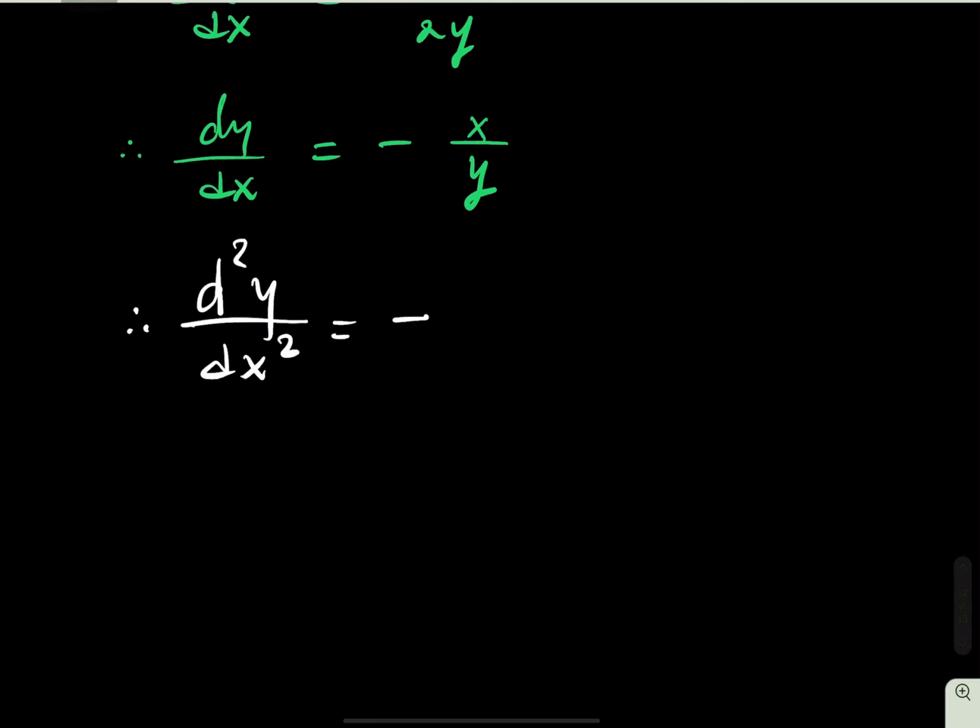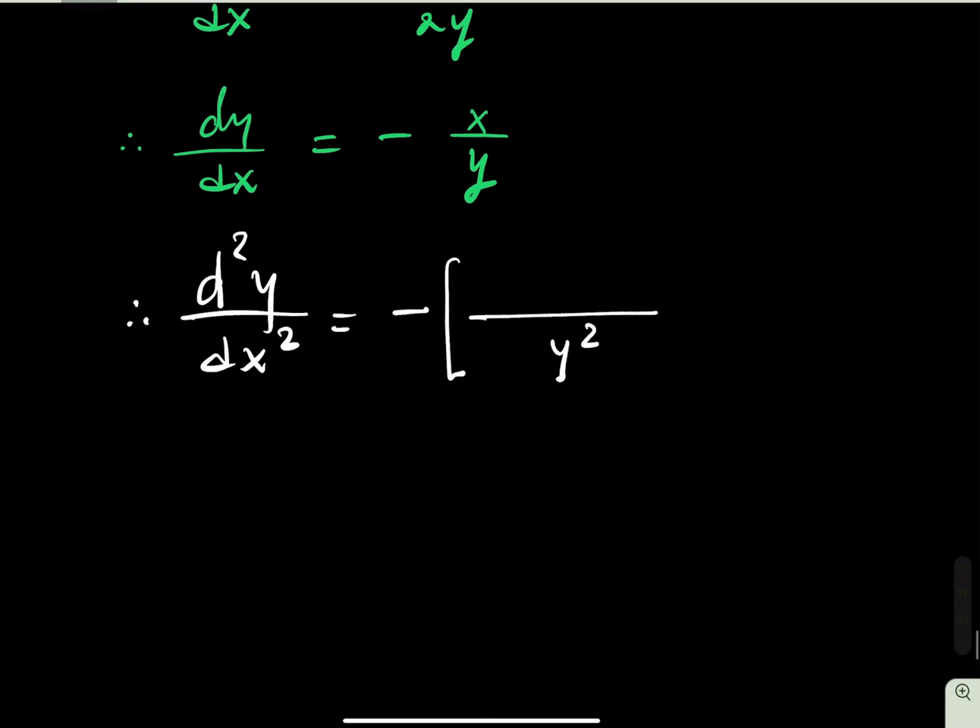It's the second derivative of that stuff. I'm going to take this negative out and differentiate this one. That should really be y squared. You differentiate the numerator, it's 1. You keep your denominator, so it's 1 times y, which is y, minus you keep your x, differentiate the denominator, that is going to be y prime.